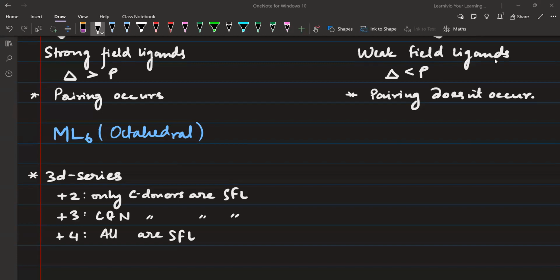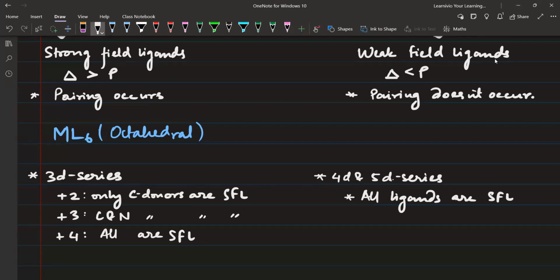What about 4D and 5D series, sir? In 4D and 5D series, all ligands are strong field ligands. The reason here is again the high effective nuclear charge of the 4D and the 5D series. 5D में तो size ही बहुत कम रहता है.